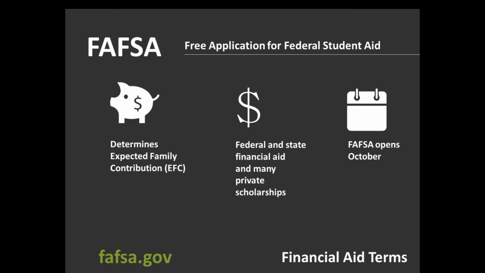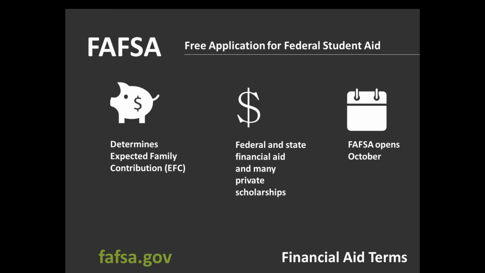The FAFSA opens October 1st for the following year. So right now, the FAFSA is open October 1st for students that want to enroll fall 2018 for the 2018-19 college year. The FAFSA is still open for the current 17-18 school year as well.